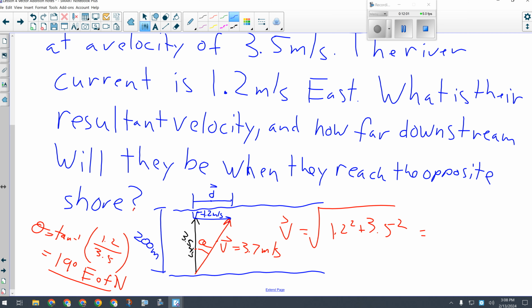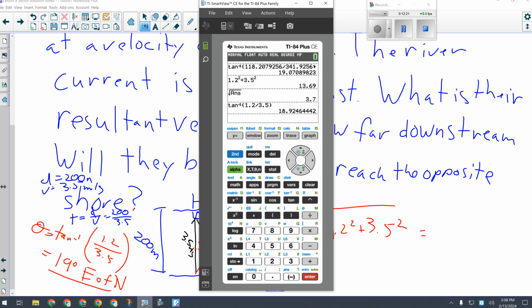So I've got 200 meters. I know the distance, 200 meters across. I know how fast I'm going across, 3.5 meters per second. So t equals d divided by v, 200 divided by 3.5. That says I've got to row for almost a minute, 57 seconds before I get across.